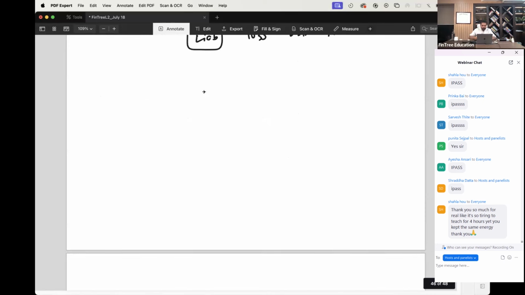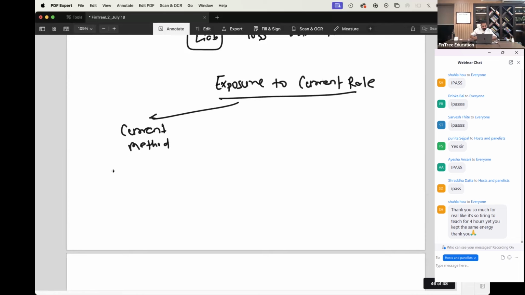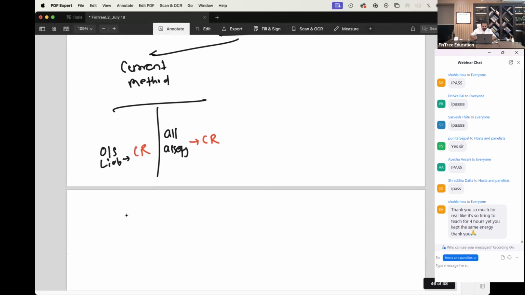If you've understood this, then let's think of exposure. Exposure to what? Exposure to current rate. Current rate means the closing rate. Under current method on my balance sheet, all assets are translated at what rate? Current rate. Then outsiders, all liabilities are translated at what rate? Current rate. Can I say all assets will generally be more than outsiders' liability?